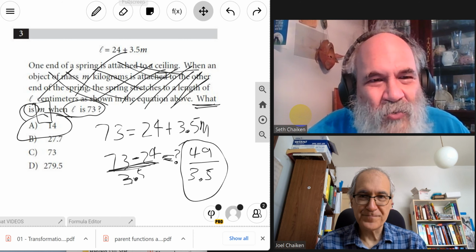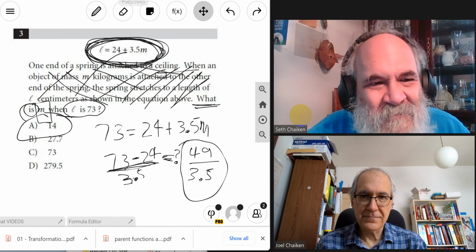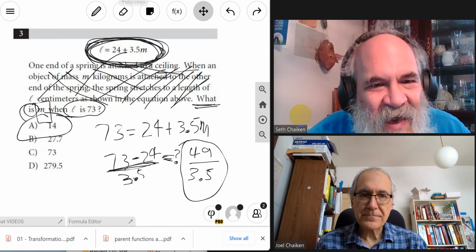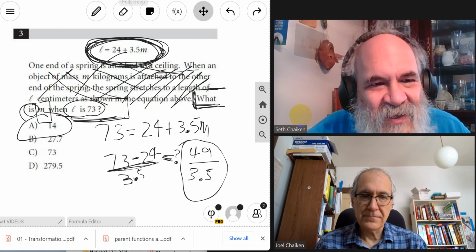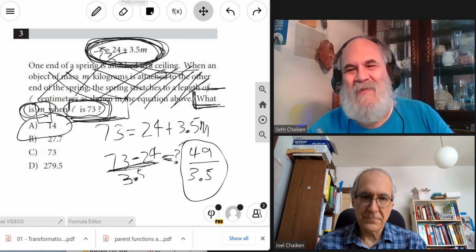The only data relevant to getting the answer is the equation plus the question, and the question simply gives the data L is 73. So you replace L by 73, and the question is, what is M?